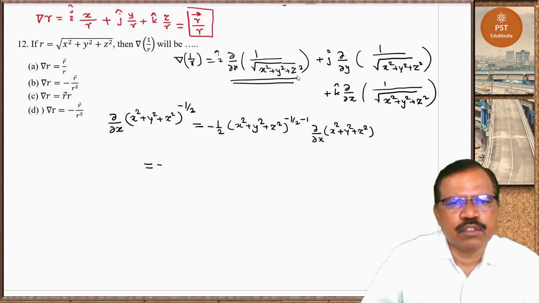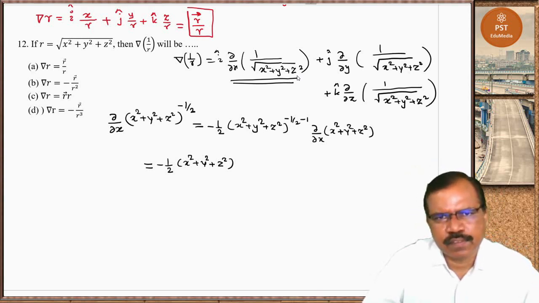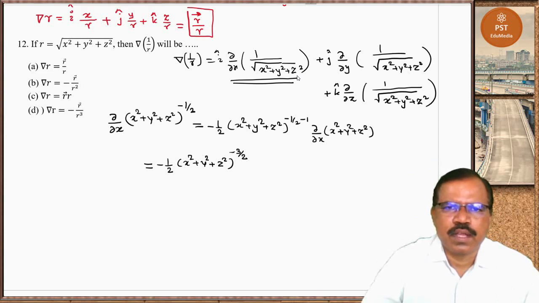So this is minus 1 half. Now (x square plus y square plus z square) raised to minus 1 half minus 1 is minus 3 by 2, and the derivative of this is 2x.